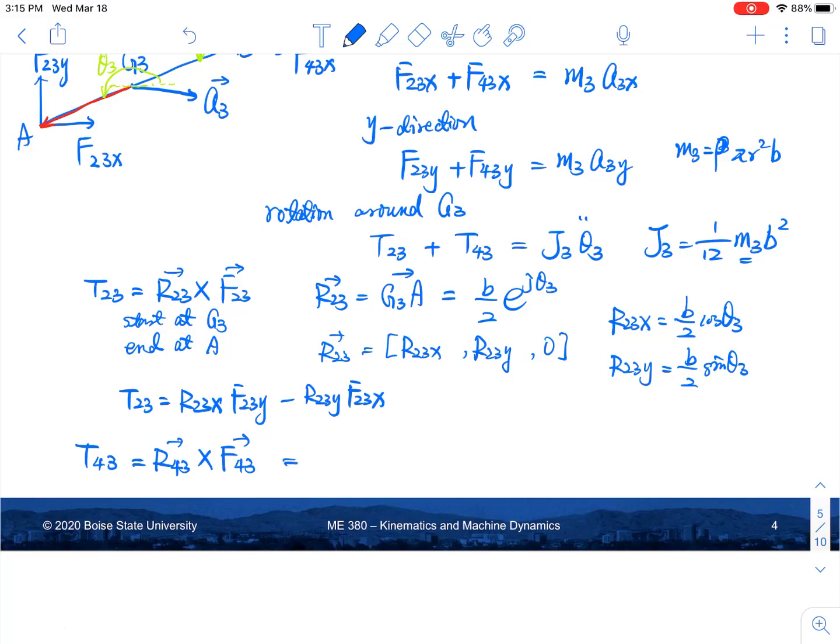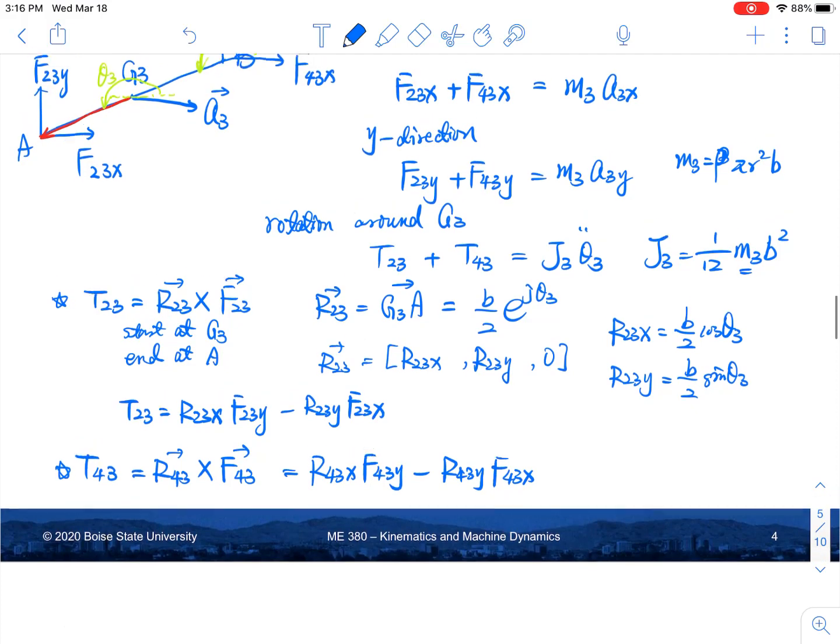You can just copy and paste, because if you compare this equation with the previous one, the only difference is the subscript: 2,3 becomes 4,3. So R43x F43y minus R43y F43x, the same format with only the subscript different.